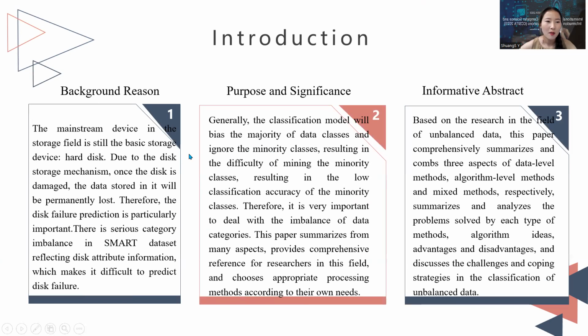introduction. Background. The mainstream device in the storage field is still the basic storage device, the hard disk. Due to the disk storage mechanism, once the disk is damaged, the data stored in it will be permanently lost.